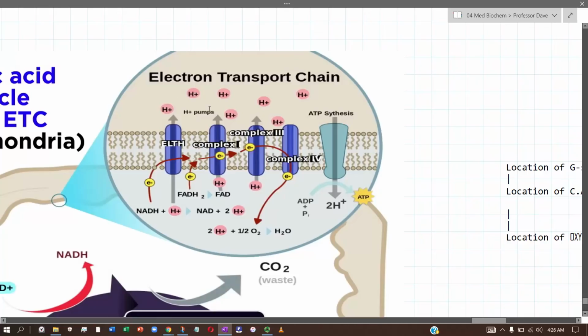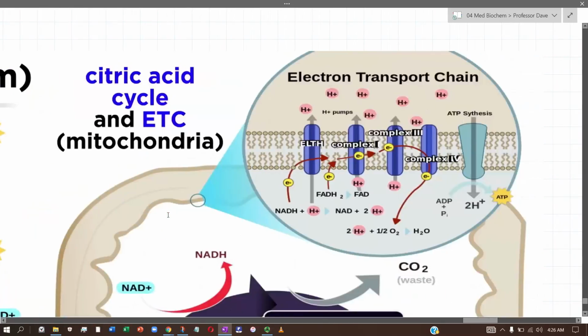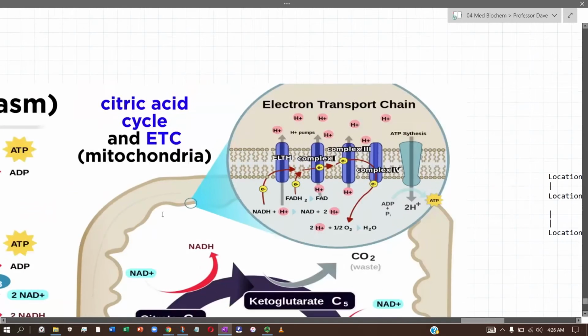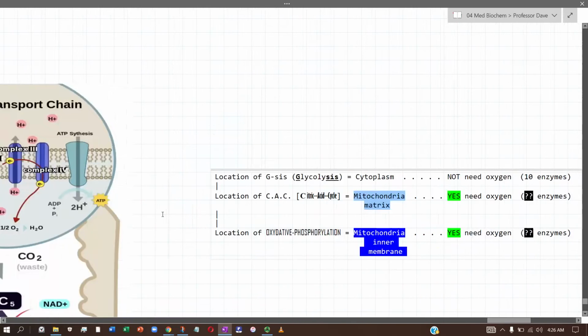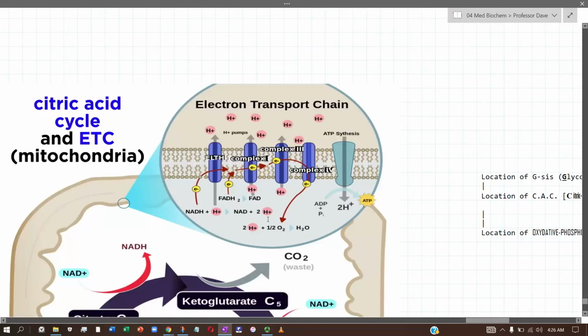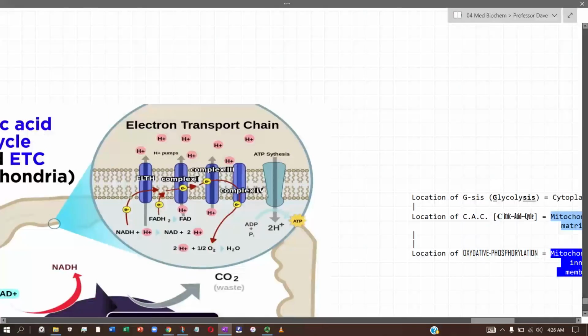Those protons get put outside of the matrix into the space between the membranes, sorry, whatever's the name of that space. We'll come back to that. And there's that gradient that gets created.